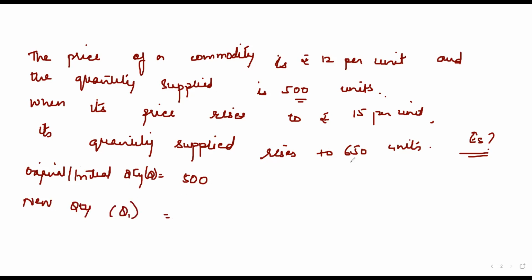Is it 650 units? Yes. So what is the change in quantity? New minus initial. That is your delta Q, and that is 650 minus 500, equal to 150 units.